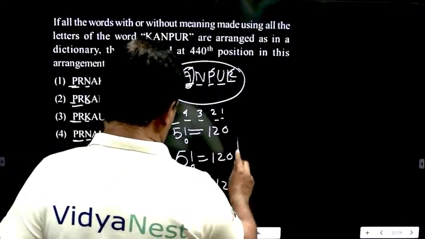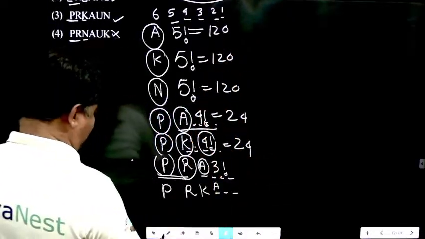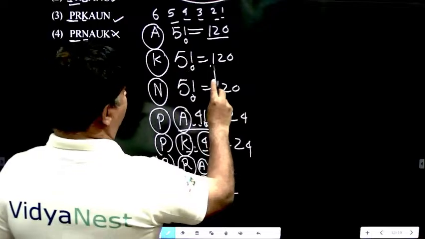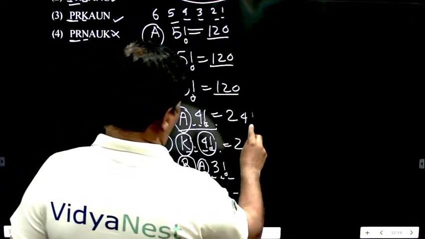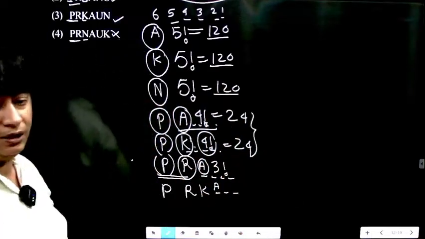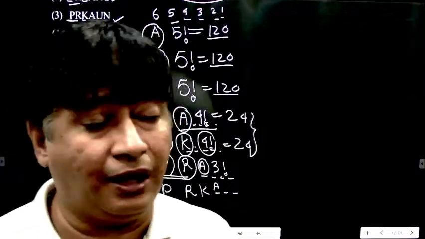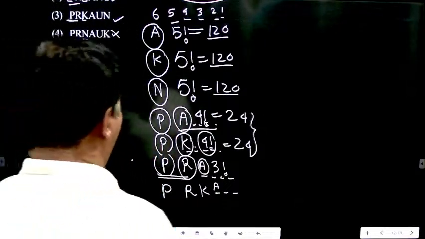We are not getting 440 by this calculation. You see, 120, 120, 360 and 48. I think it is 408, far behind 440.